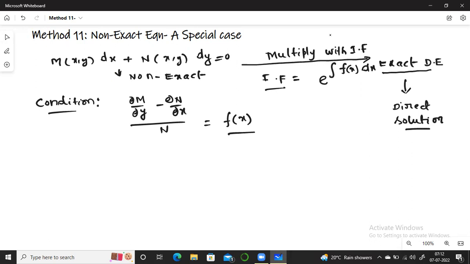This is method 11, a special case. Method 12 is also almost similar, which you can understand from the theory video. Okay, now we will see the example.